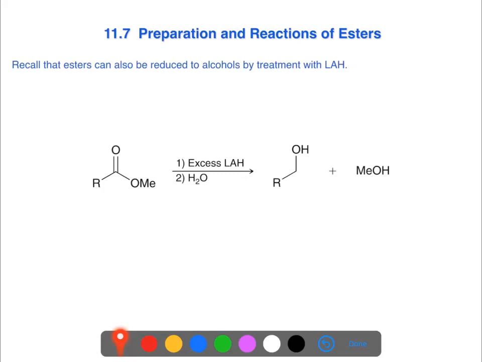Now recall that esters can also be reduced to alcohols using lithium aluminum hydride in a two-step process where we first react the ester with excess lithium aluminum hydride, and then we have a final proton transfer from a protic solvent like water to give us our primary alcohol.